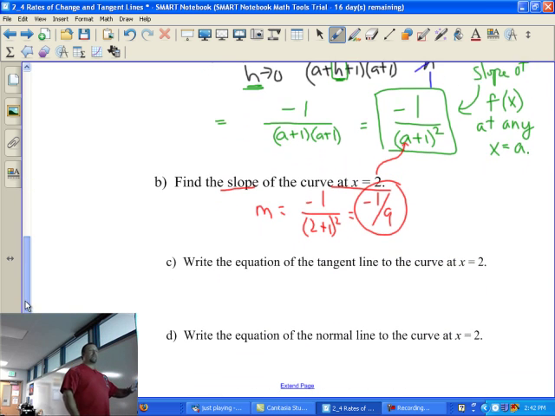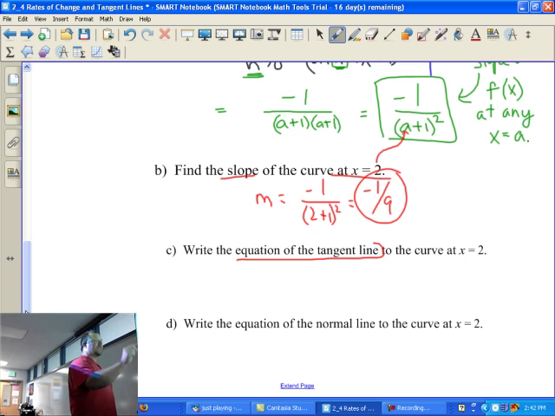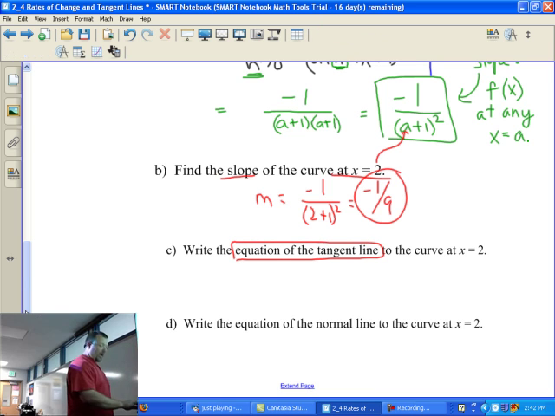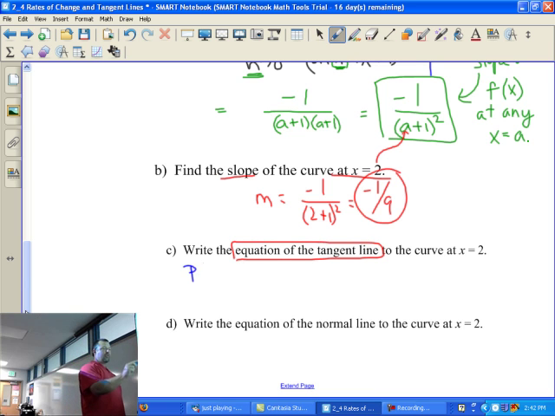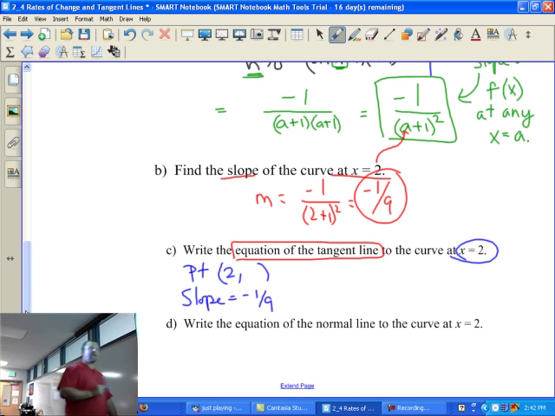Okay, right. How do I find an equation of a tangent line? Well, to write an equation of a line, I need two things. I need a point and a slope. Well, when x is 2, I just figured out the slope was negative 1/9. When x is 2, that gives me the x value of my point, and I need to plug my 2 into my original function.